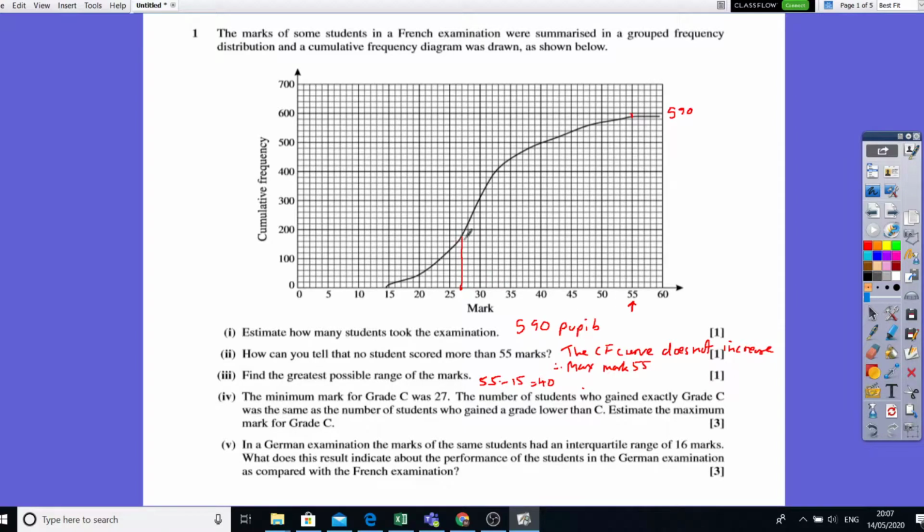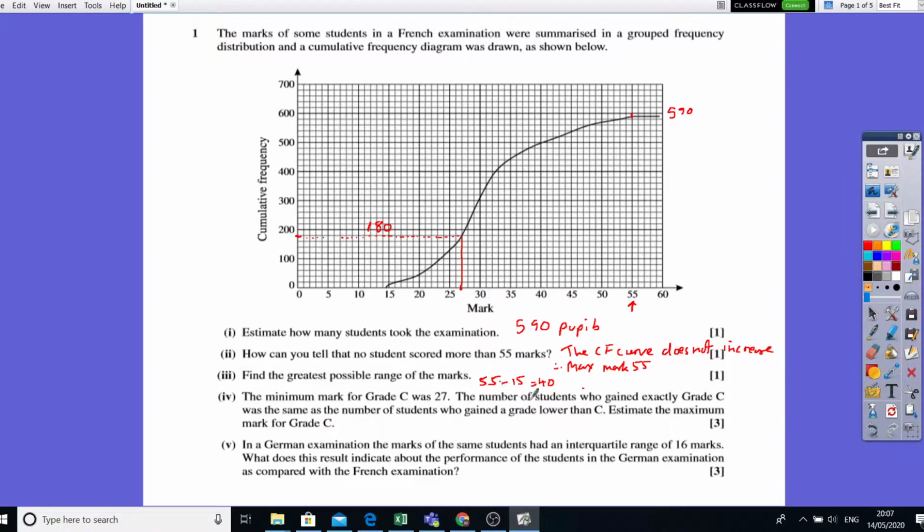That'll be okay. So if I go along here, about here, that's 180. I'm going to put that 180. 180 people scored less than 27 marks.